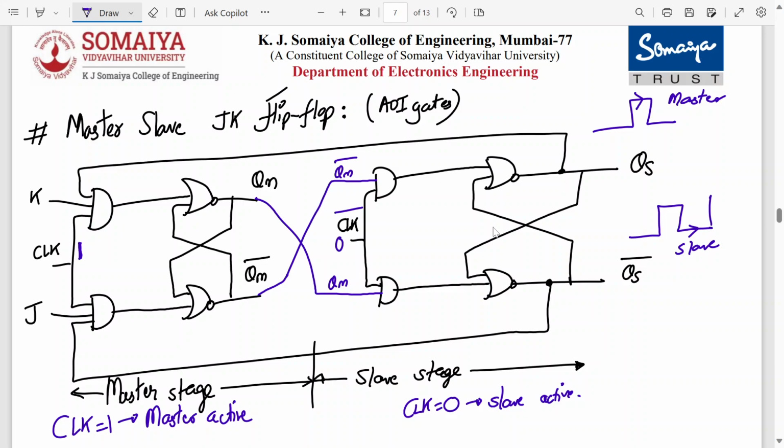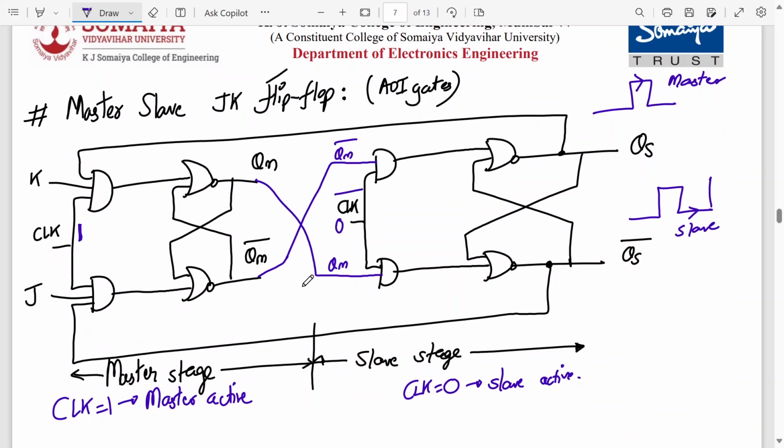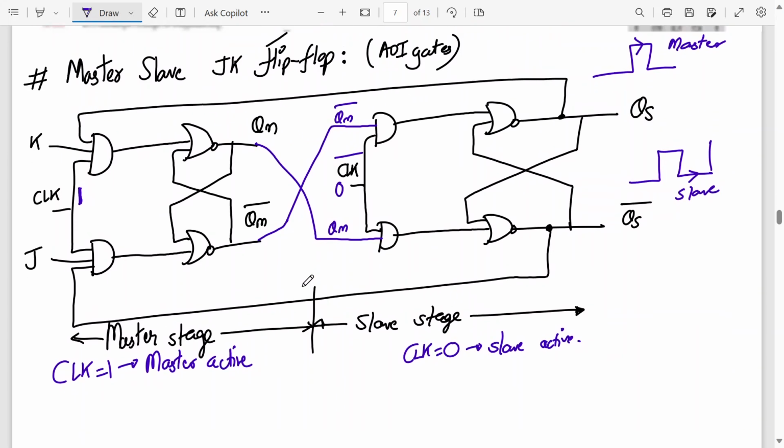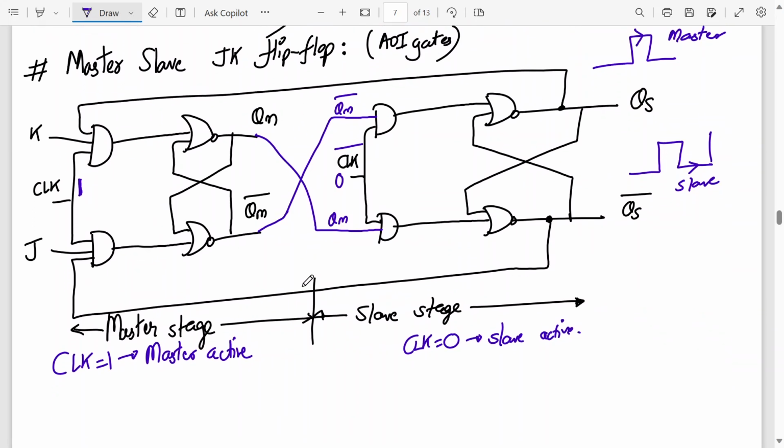Let's see this. First of all, we will write its equations. We write 4 equations now. First is QM, QM bar, QS, QS bar. You understand why the suffix M and S, master and slave. So tell me, what is QM?